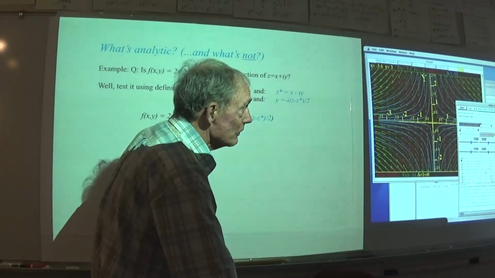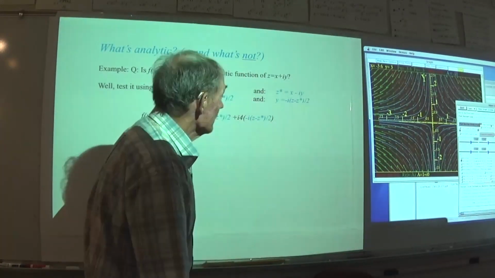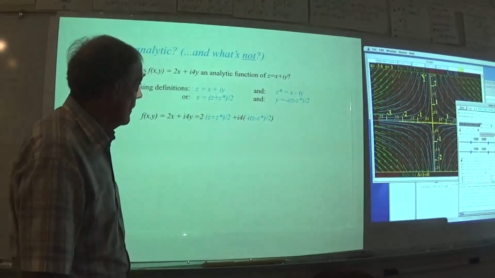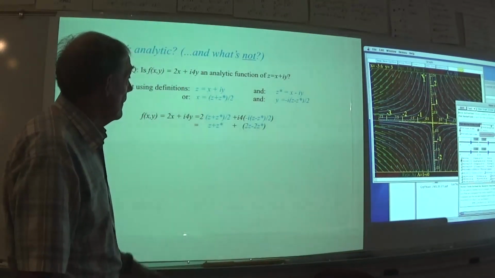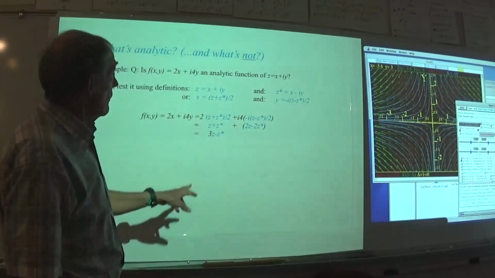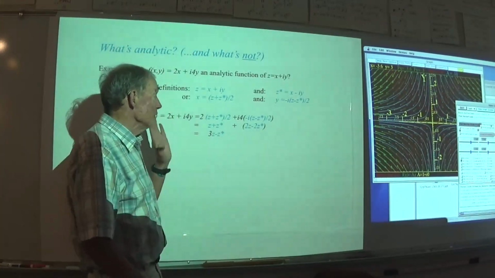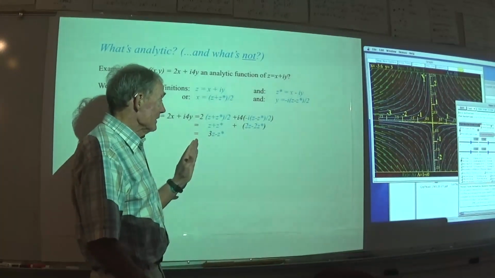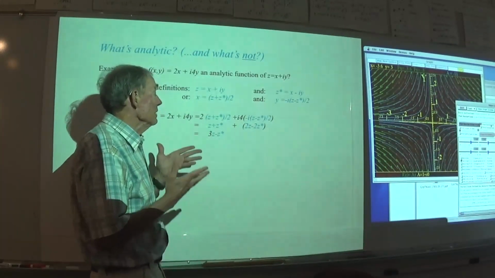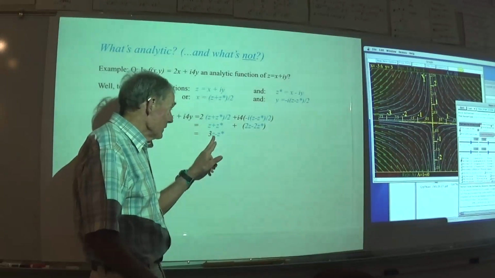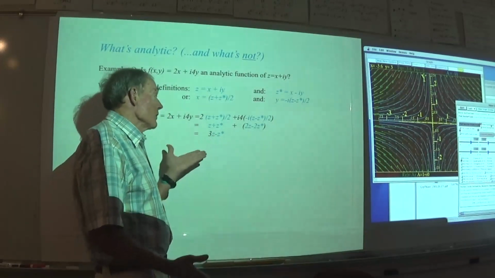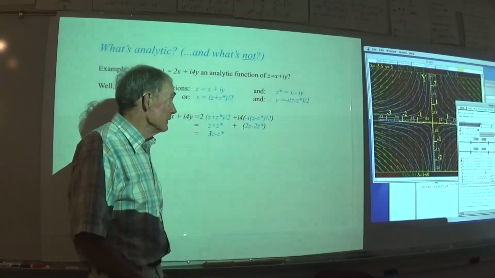we notice after we've done this here and there, that we get 3z minus z star. This is not a function of just z. That's what you mean by analytic function. You mean it's only a function of one of them, or its conjugate would be the function of the other.